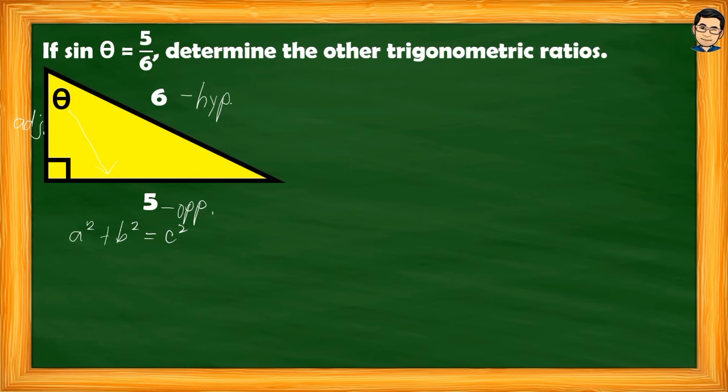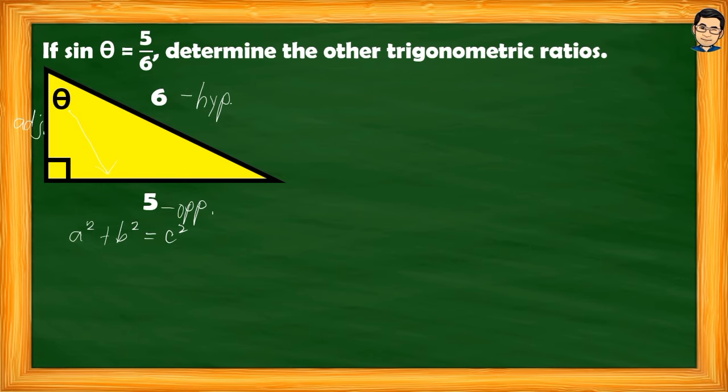And then, C naman is the hypotenuse, which is the longest side of any right triangle. So, reminder lang po, kapag hypotenuse, present lang po yan kapag right triangle. So, hindi natin makikita ang hypotenuse kung hindi naman siya right triangle.